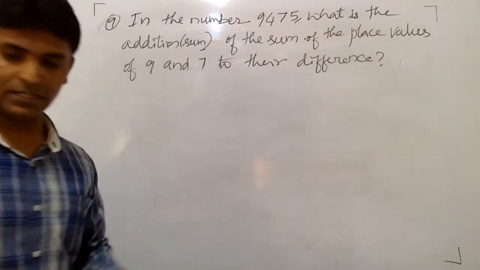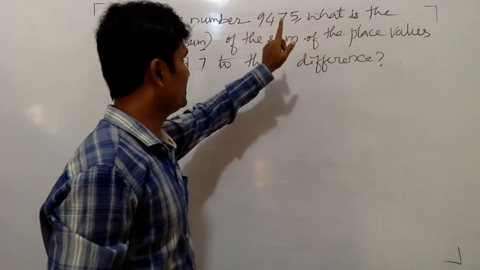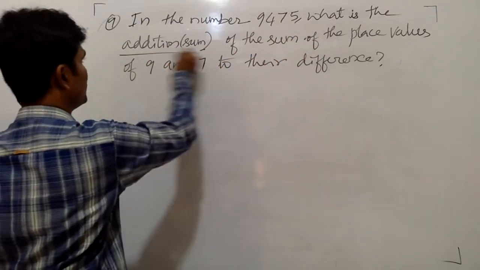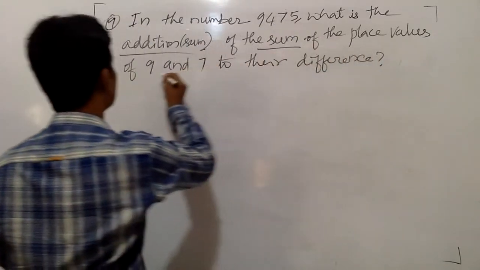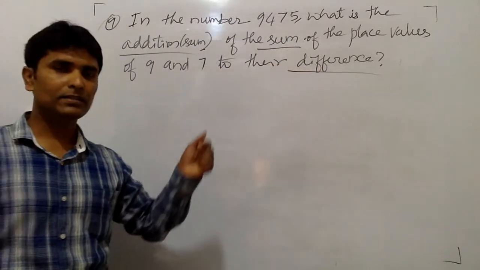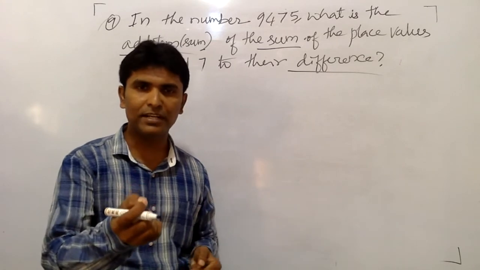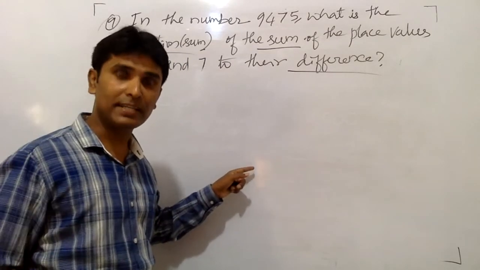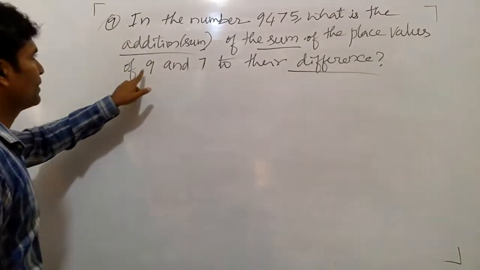See, we have to understand the problem properly. In the number 9475, what is the addition or sum of the place values 9 and 7 to their differences? See, this question is easy, but understanding the question is a little difficult. So if you understand it properly, the answer will come in a fraction of a second. First of all, we have to know about place values.